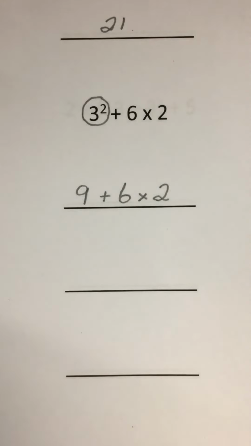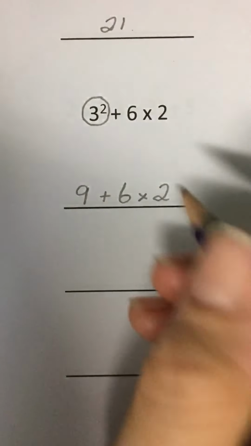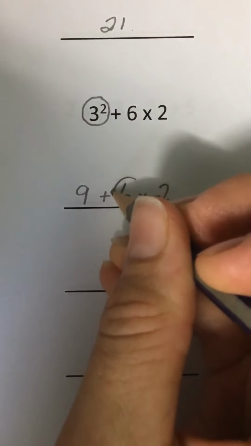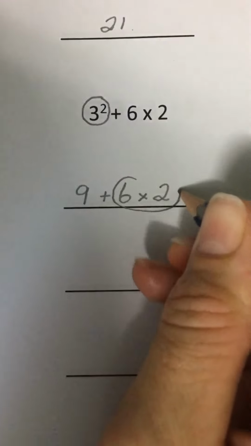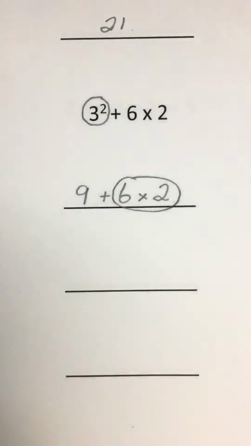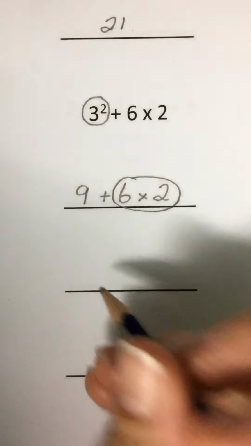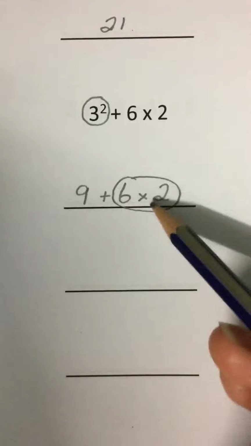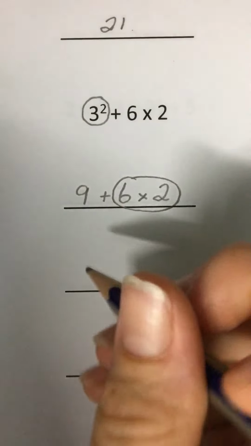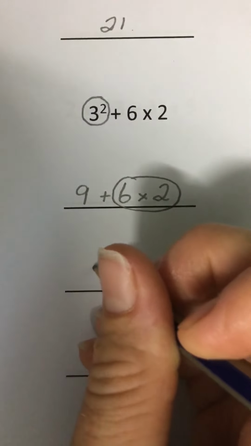Okay, so moving on, we've done all our exponents. So the next operations we need to do are multiplication and division, working left to right. So we'll see that there's 1 multiplication there. Go ahead and circle that. 6 multiplied by 2 we know is 12, so we're going to rewrite the equation, writing 12 in place of 6 multiplied by 2, as they mean the same thing.